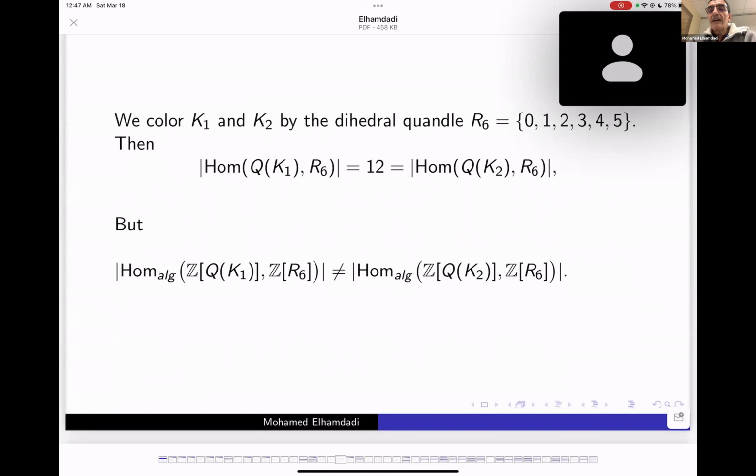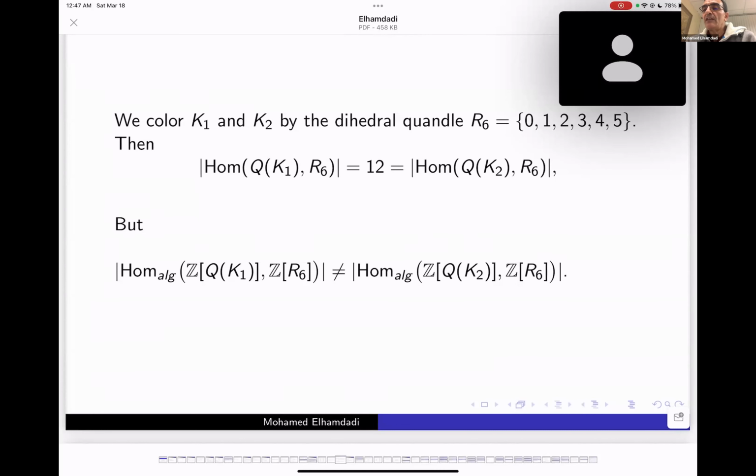But if we linearize and we consider hom, where we take K to be the integers, and we consider Z of Q of K1, with target Z of R6, we can prove that they are distinct. What we need is basically the idempotents over R6. We know R6 decomposes, as every quandle has an orbit decomposition.